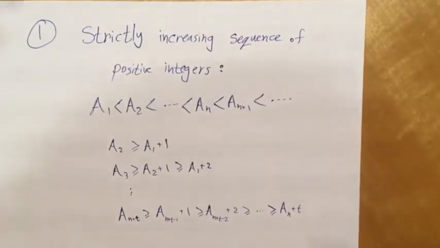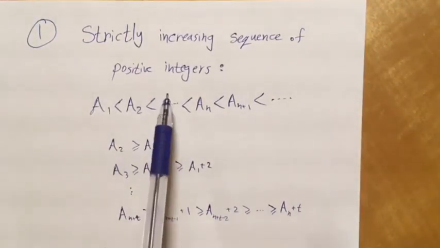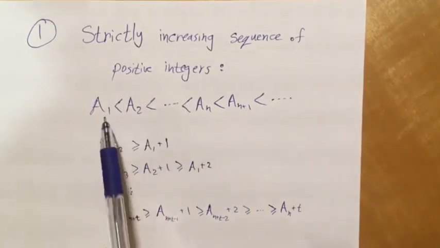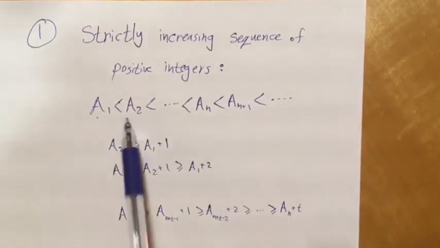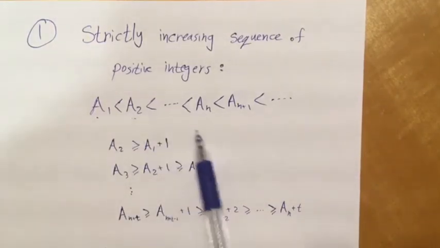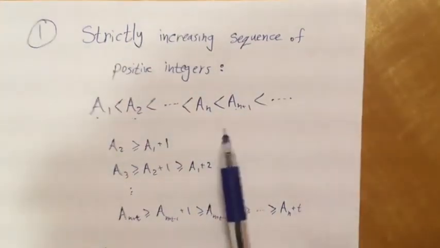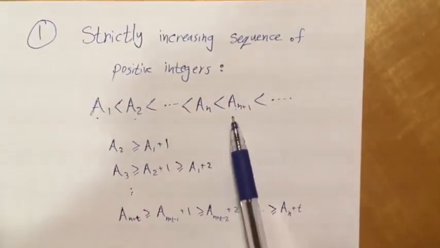Okay, so first we're going to study strictly increasing sequences of positive integers. So those are sequences A such that A1 is strictly less than A2, strictly less than A3, all the way. In general, An is strictly less than An+1. But more importantly, these numbers are integers.